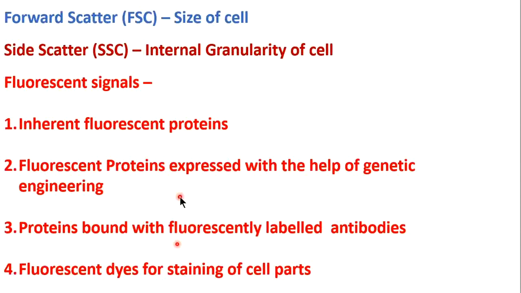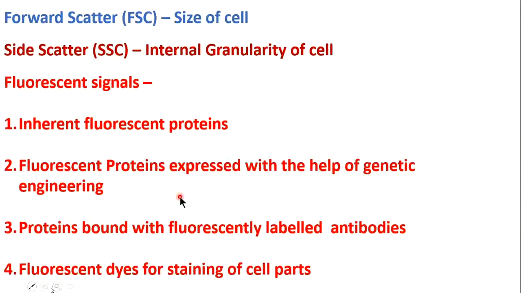Then we can target some proteins with monoclonal antibodies. These antibodies will be going inside the cell or on the surface of cell and will be binding to their target proteins, and these antibodies will be giving us what? Fluorescent signals. So antibody fluorescent signal means we are getting indirectly fluorescent signals from the proteins present on the cells.